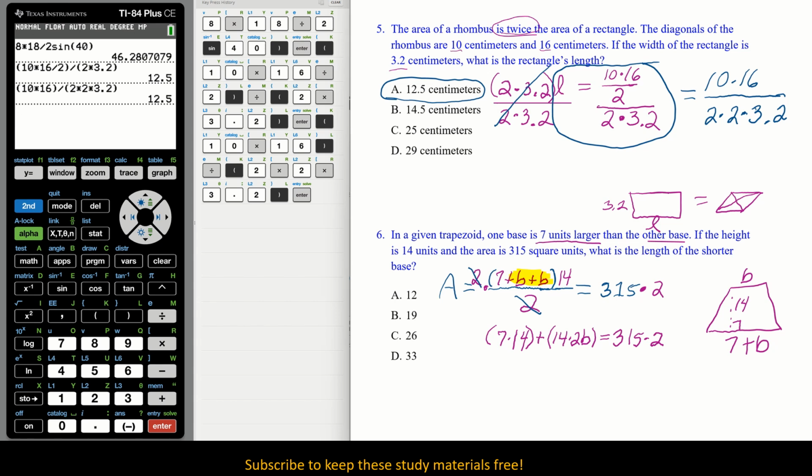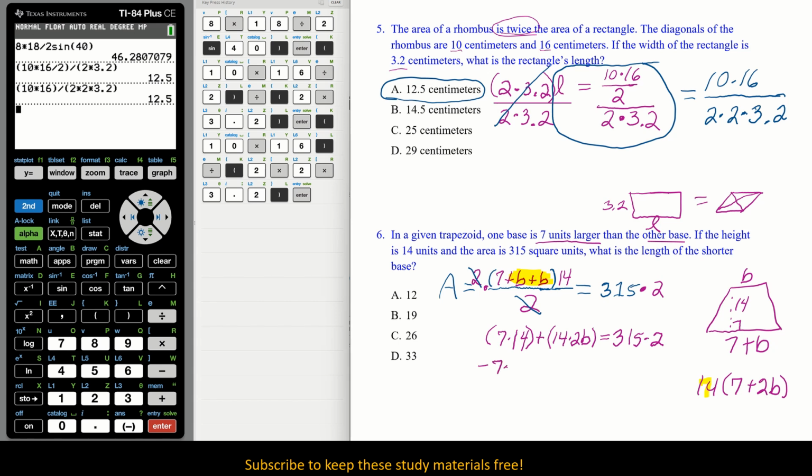So really we have 14 times 7 plus 2b. Now when I write it like that, you probably see it a little better. But I just distributed the whole thing. Now, we do have to subtract the 7 times 14 from both sides.